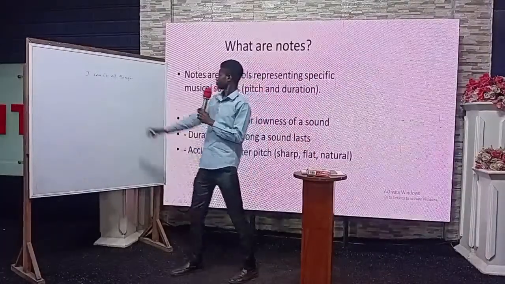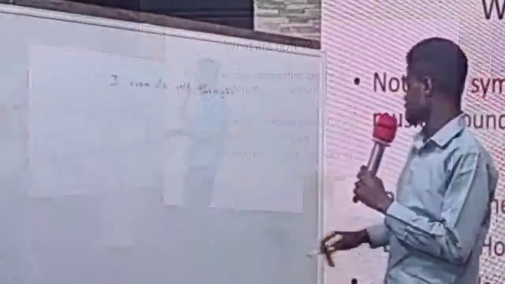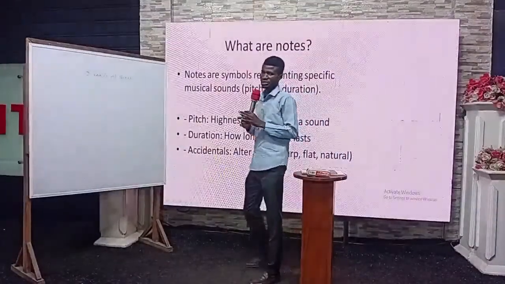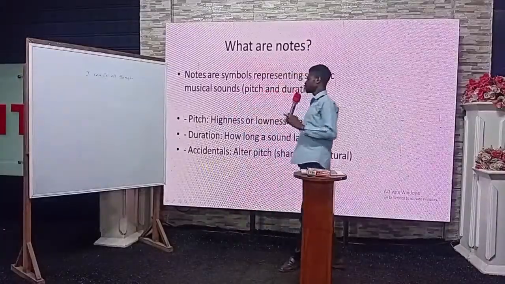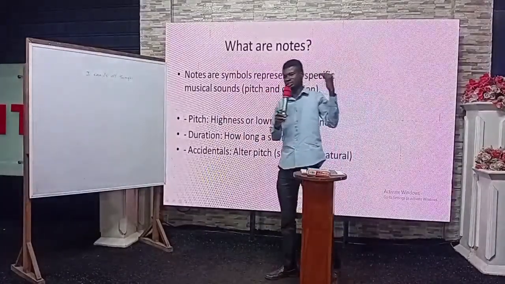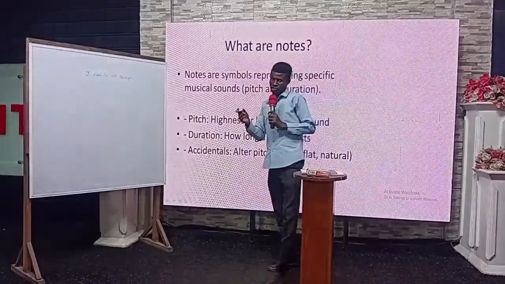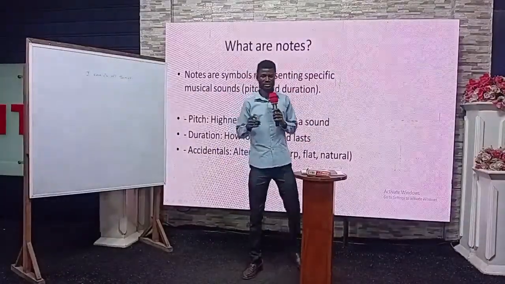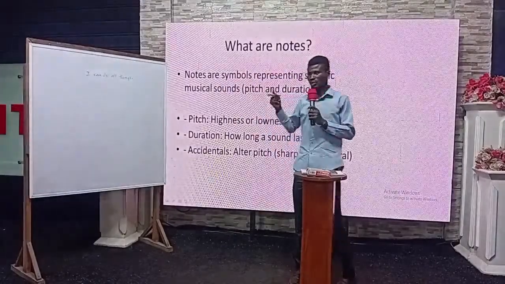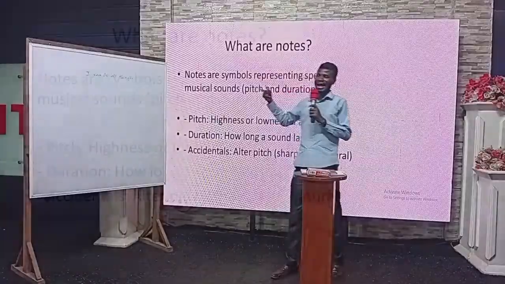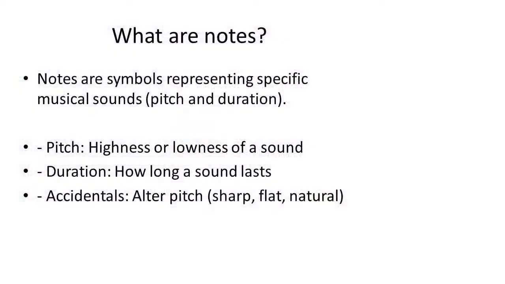So, in music, we have different kinds of notes that we use. Every note has what we call pitch and what we call duration. The pitch of a note simply means the height or the depth of that note, which can also be described as how high or how low a sound is.